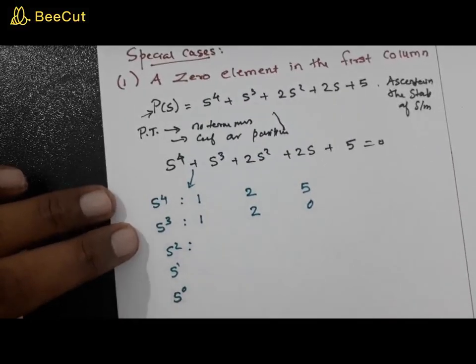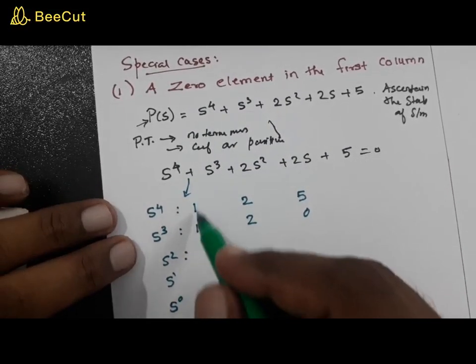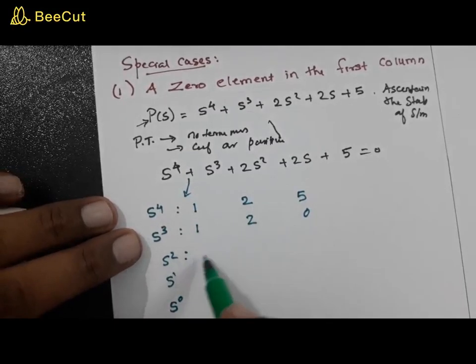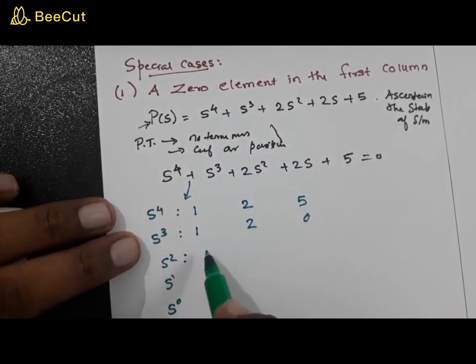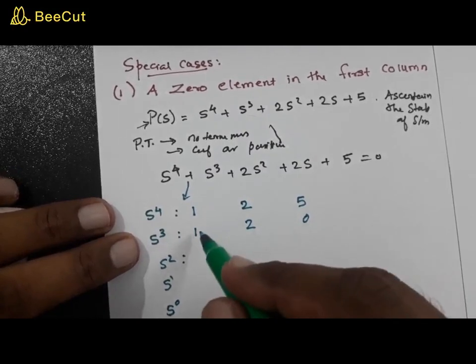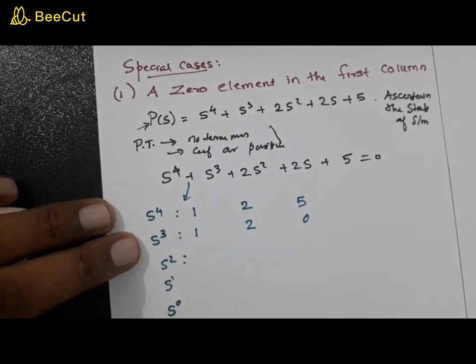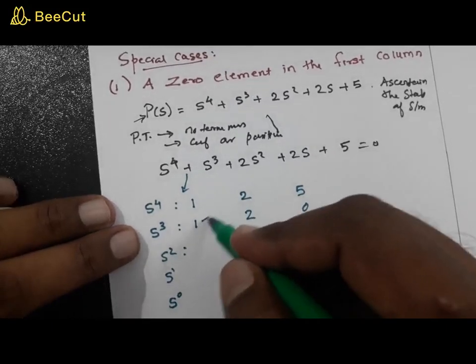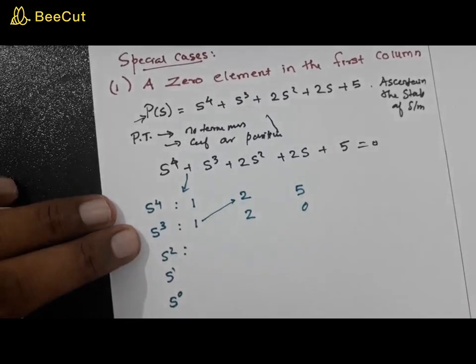Now how to find out s square? Keeping this as the base elements, from the upper two rows you need to find out the elements of s square. When you do s square, you need to do multiplication in this way: 2 into 1 minus 2 into 1 divided by 1, which is equal to 0.